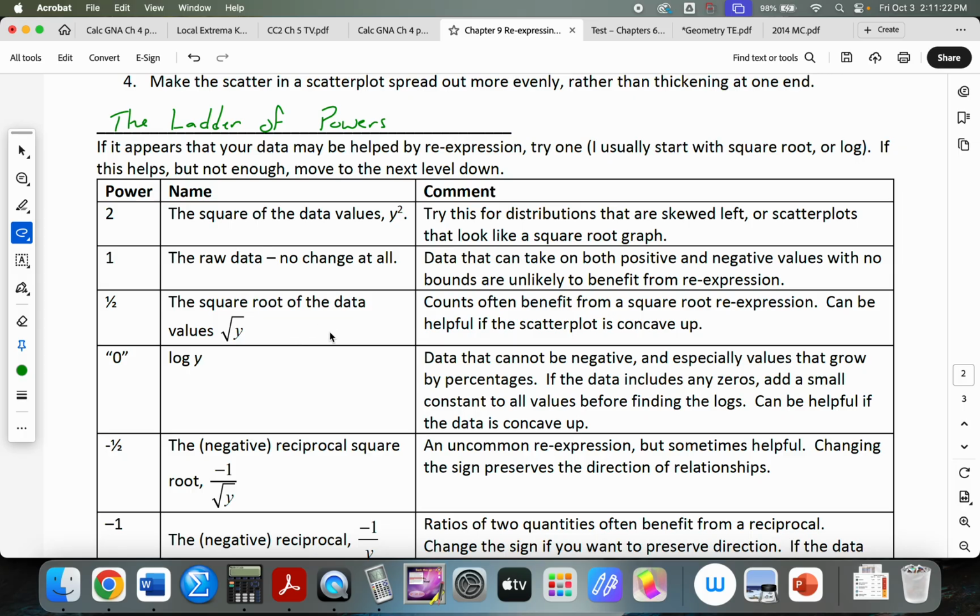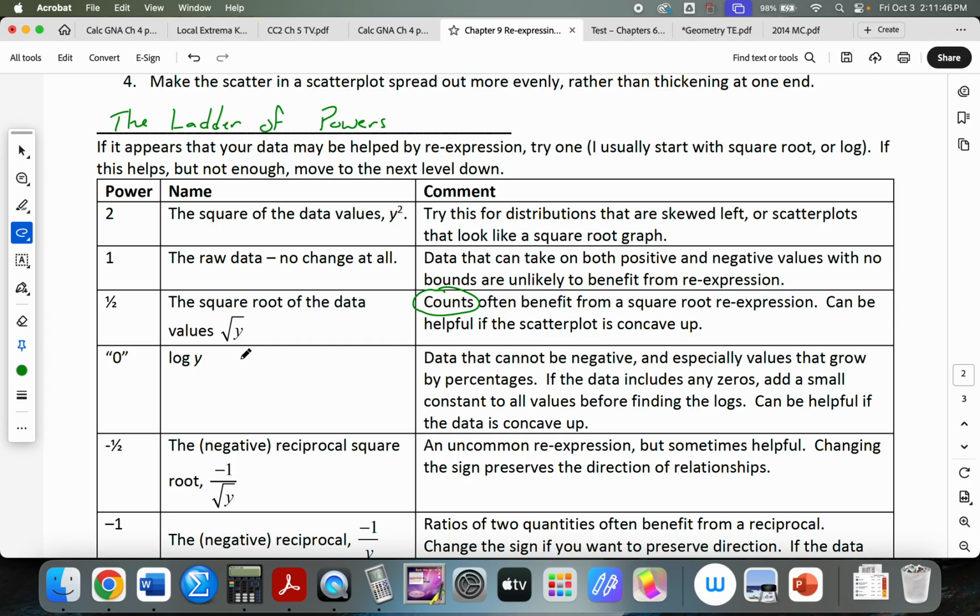We can take the square root of the data values. This is usually best when you have counts. When you have counts of things, frequently the square root is helpful. You can take the log of y.